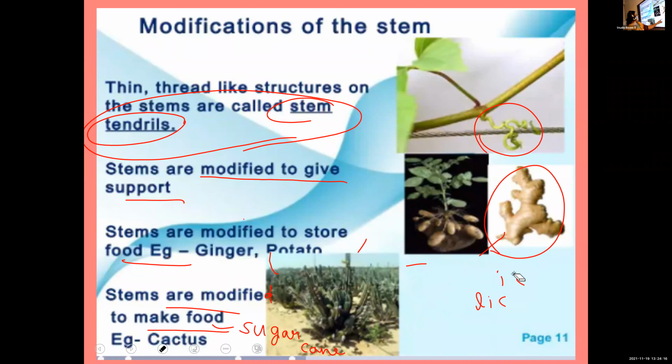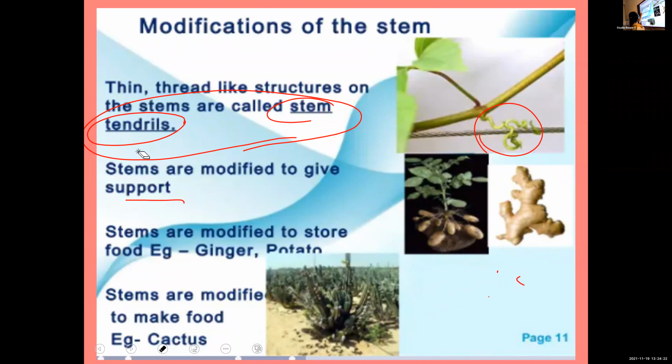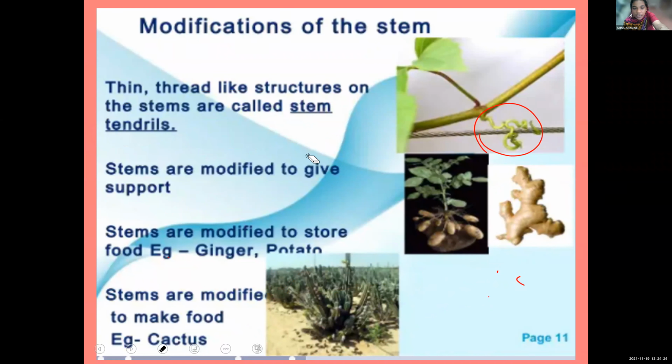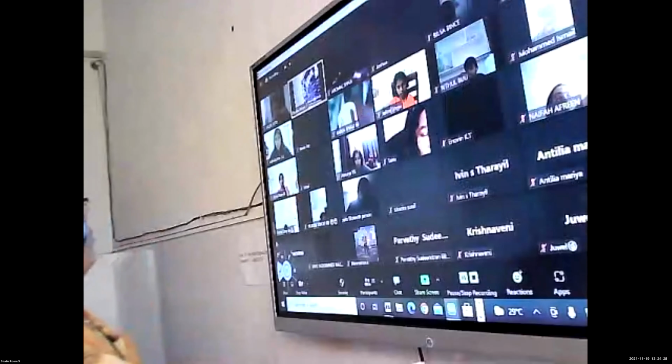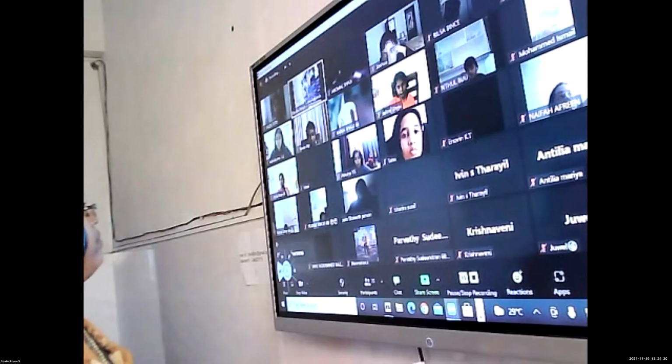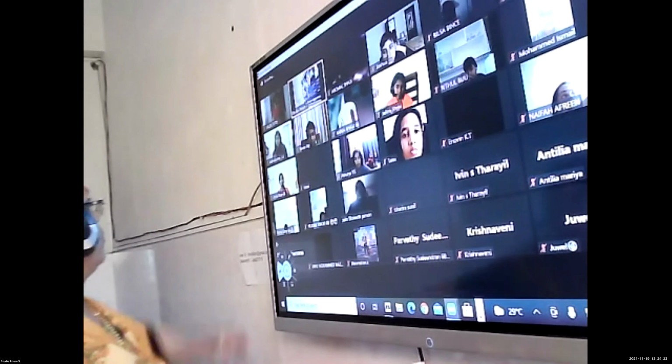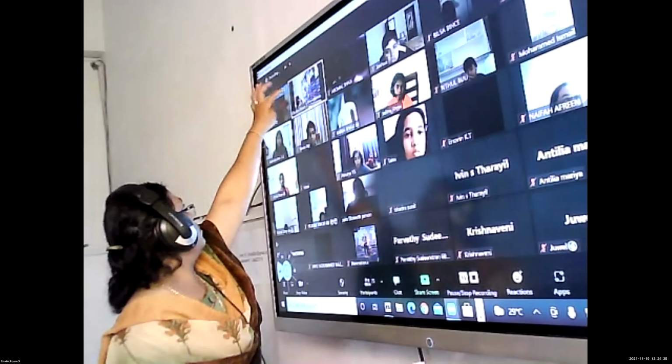The next part is flower. I told some of you to bring the hibiscus flower. Has anyone brought it? Those who have brought the hibiscus, show it in your hand. Who else brought?